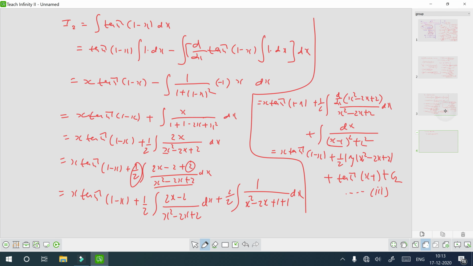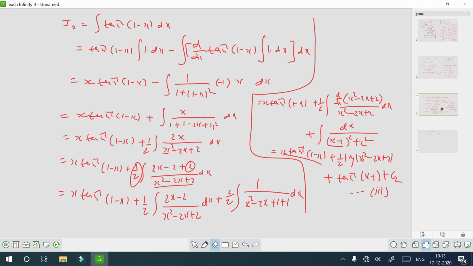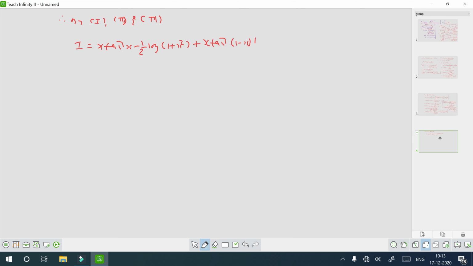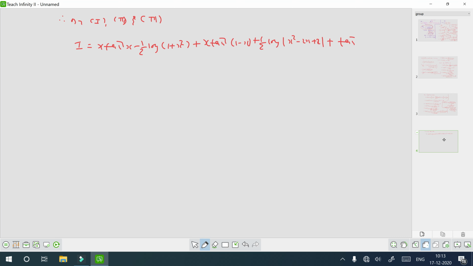What is I2? I2 is x tan inverse of 1 minus x, plus half of log mod x square minus 2x plus 2, plus the last term tan inverse of x minus 1, plus c.